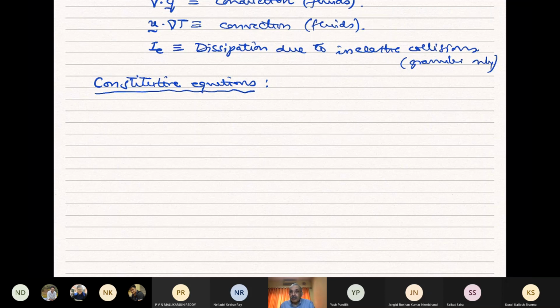And so what are some of the constitutive equations? Let me write some down. One is, for example, an equation of state. You know, for an ideal gas, an equation of state is PV is equal to nRT.